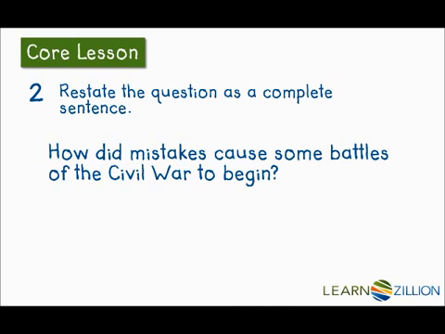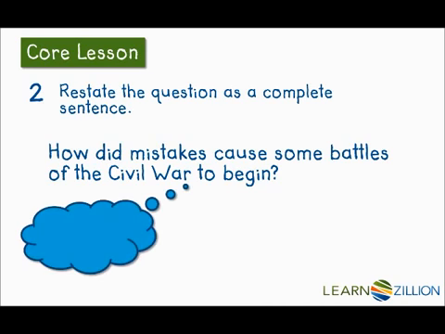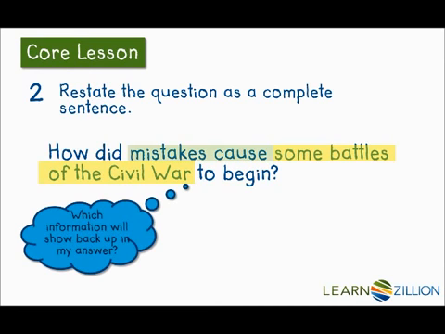I'm asking myself this question over and over again: which information will show back up in my answer? Well, I know that I want some battles of the Civil War to be back in my answer. That's important that I talk about battles, but I also know that I want to talk about mistakes and how mistakes caused some battles.